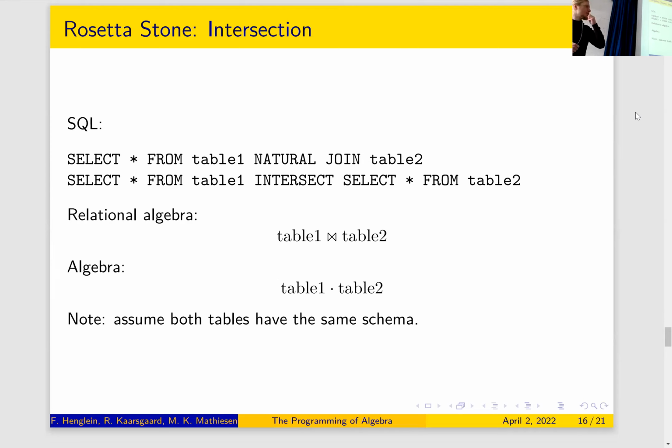Because, well, how to explain this? If you take table 1 join table 2, then in the output you'll only have the elements that are actually in both tables. But if you have multiple copies of a given value in a table and multiple copies of the same value in another table, like 2 copies in one table and 3 copies in the other, then you'll actually have 6 copies in the output.